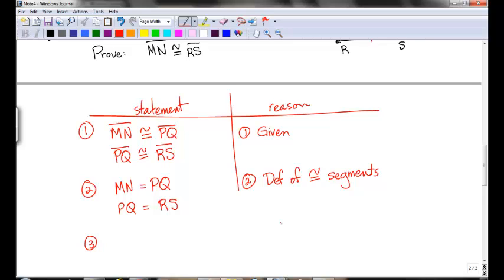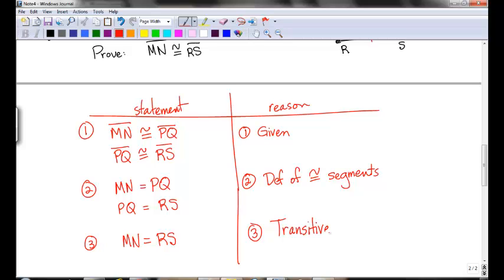Okay, so I want which letters? MN equals RS, right? And what property? Look at it again. A equals B, B equals C, A equals C. That's transitive. So you have to look at all the different parts.